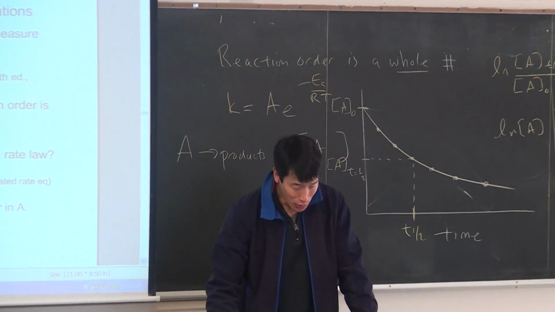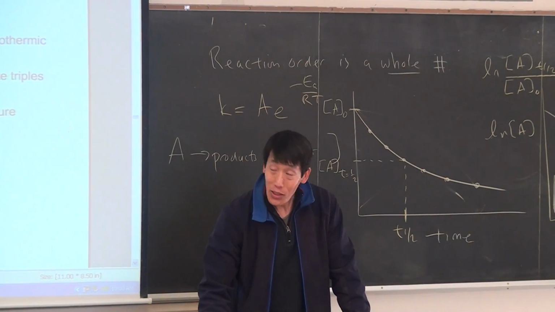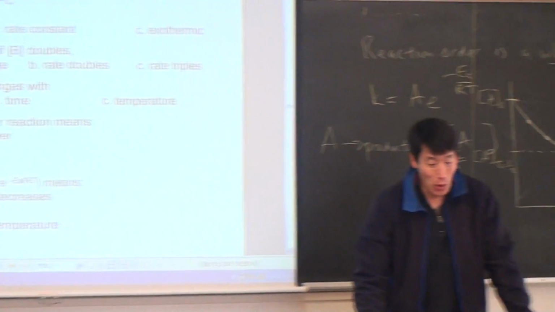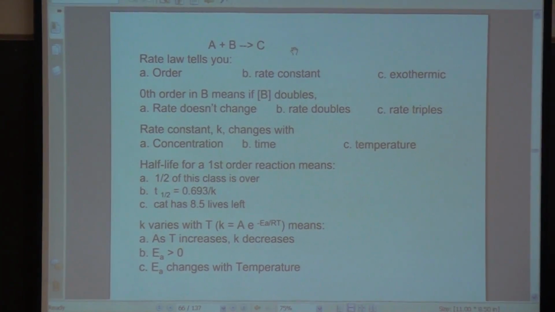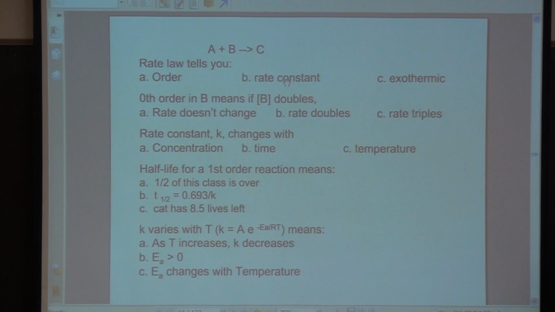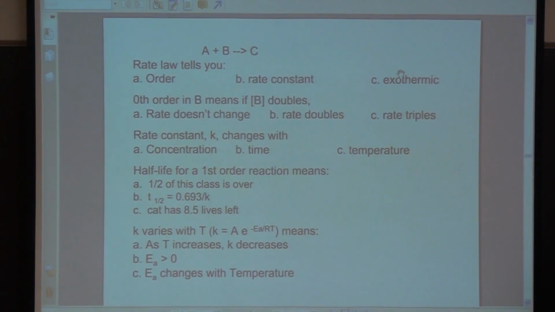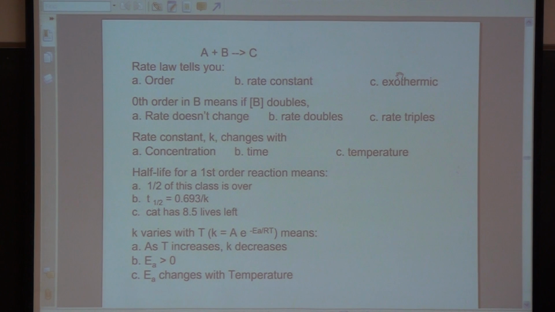Let's review this. Let's just say we have this reaction, A plus B going to C. The rate law tells you the order of the reaction, the rate constant, and whether the reaction is exothermic. What do you think? A, B, or C?